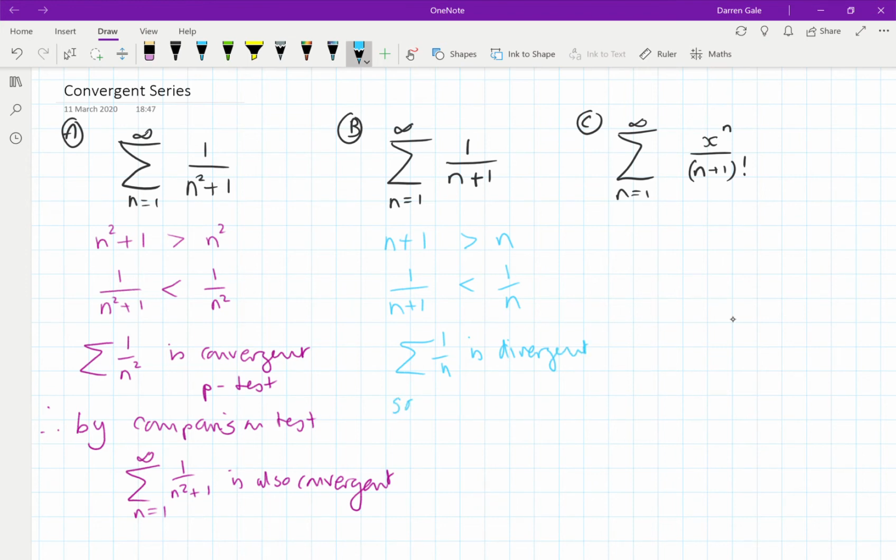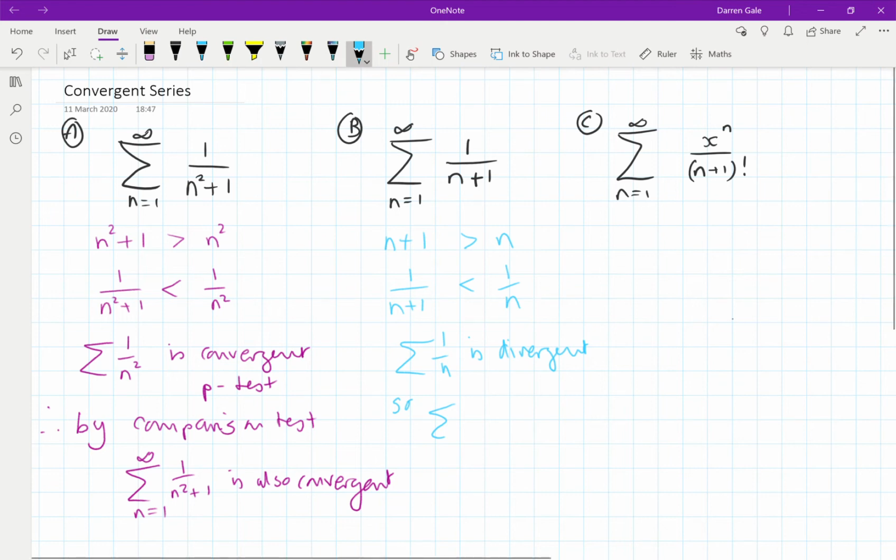Oh wait a minute, this doesn't work, because I know that 1 over n is divergent. I know that 1 over n plus 1 is smaller than that, but that doesn't help me to know whether it's convergent or also divergent. So I can't use the comparison test for this example.